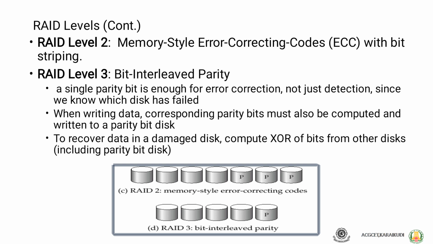The array calculates the error code correction while writing the data. It stripes it to the data disk and writes the code to the redundancy disk, as well as while reading data from the disk, it reads from the redundancy disk to verify the data and make correction if needed.